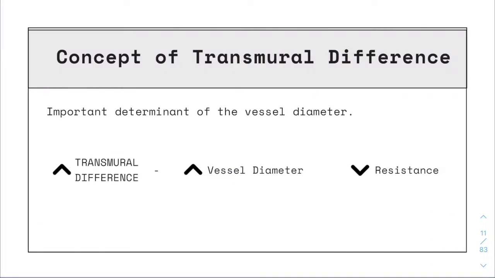Okay, let's try to review the concept of your transmural difference. For distensible, compressible vessels, the transmural difference is the difference between the pressure inside the vessel minus the pressure outside the vessel.